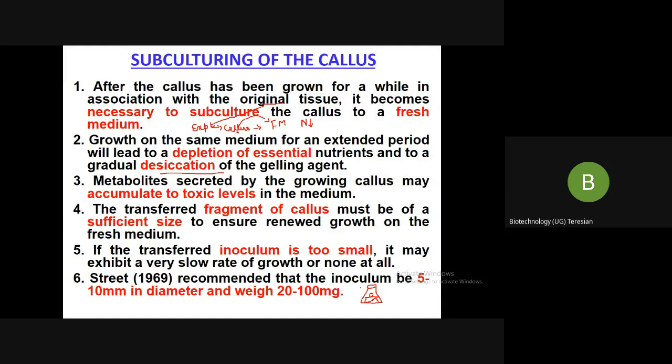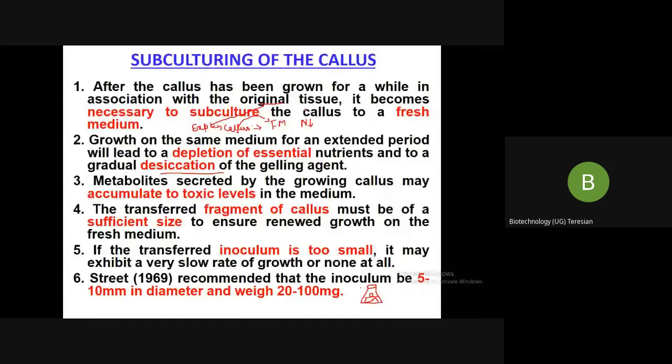That is why we go for the fresh media. So growth on the same medium for an extended period will cause depletion of essential nutrients and gradual desiccation of your gelling agent. Therefore, it is necessary to transfer my callus along with its associated original tissue into the fresh media.